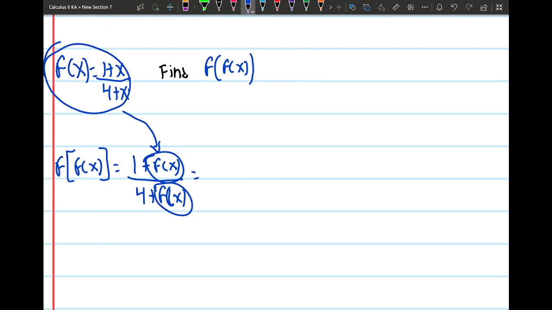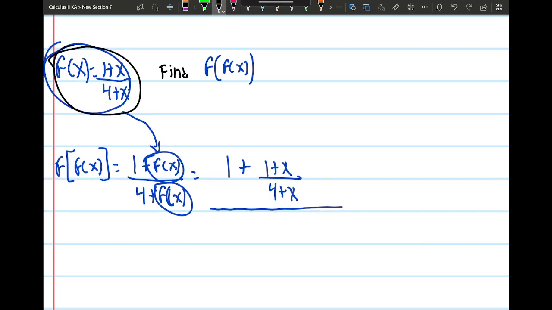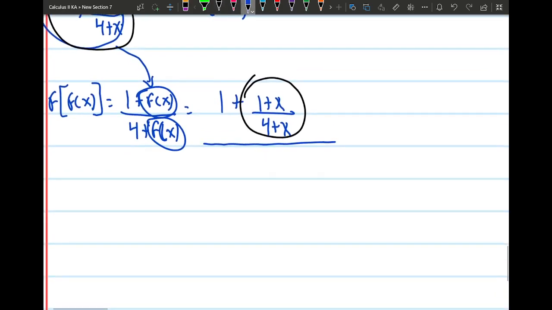So we're going to have the following: 1 plus x over 4 plus x, over, and again, just making this as clear as I can, 1 plus 1 plus x over 4 plus x.